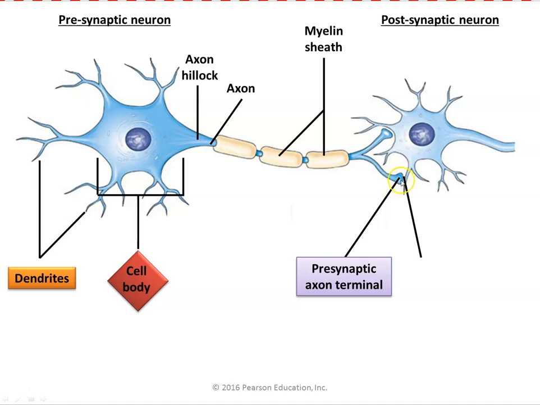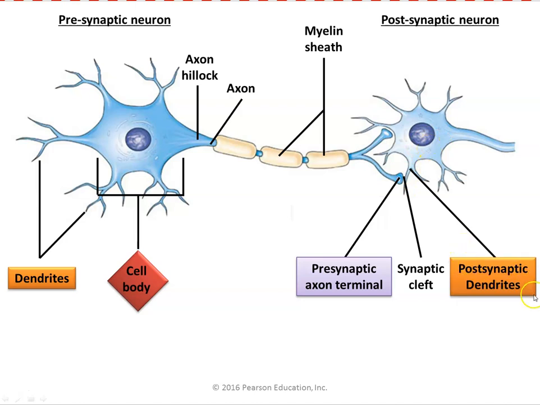Now, I've got to get a message from the axon terminal and have it cross over this gap. This is called the synaptic cleft. And then I can communicate or send a signal that's going to bind into these cells. These are their postsynaptic dendrites. Axon terminals can also synapse with the cell body.